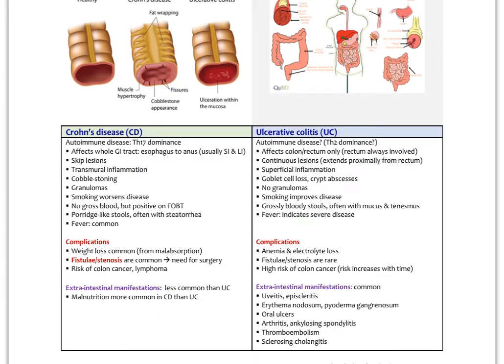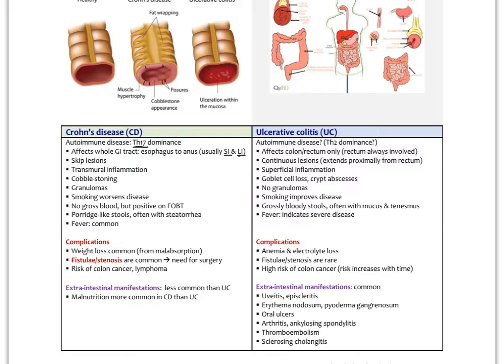So let's start with Crohn's disease first. Crohn's we know is autoimmune. It has what's called the Th17 predominance. That's classic for a lot of autoimmune diseases like lupus and rheumatoid arthritis. It affects the entire GI tract, so anywhere from the esophagus, really the mouth, down to the anus, but most typically small intestine and the upper large intestine.